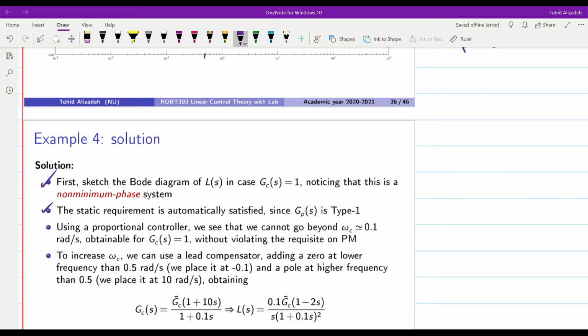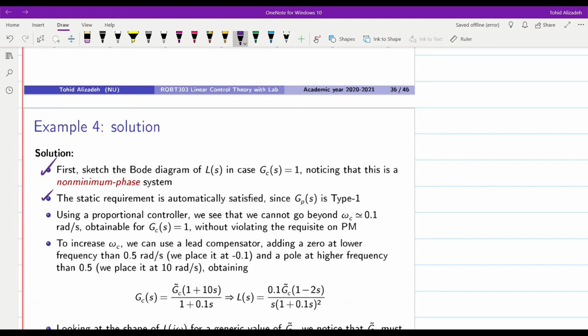So we have a type 1 system, and the static requirement is satisfied. We can eventually use a proportional controller to have omega c equal to 0.1 radian per second, which is achievable by Gc of s equal to 1, but we can't go beyond that.